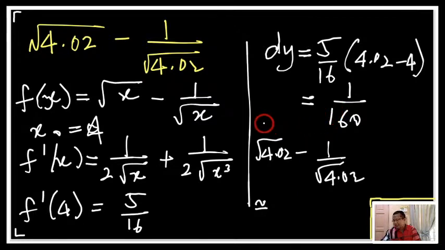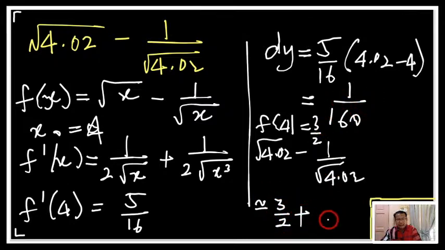I forgot to find f(4). f(4) is 3 over 2. So 3 over 2 plus dy, 1 over 160. So you should get 181 over 160. Okay, finish.